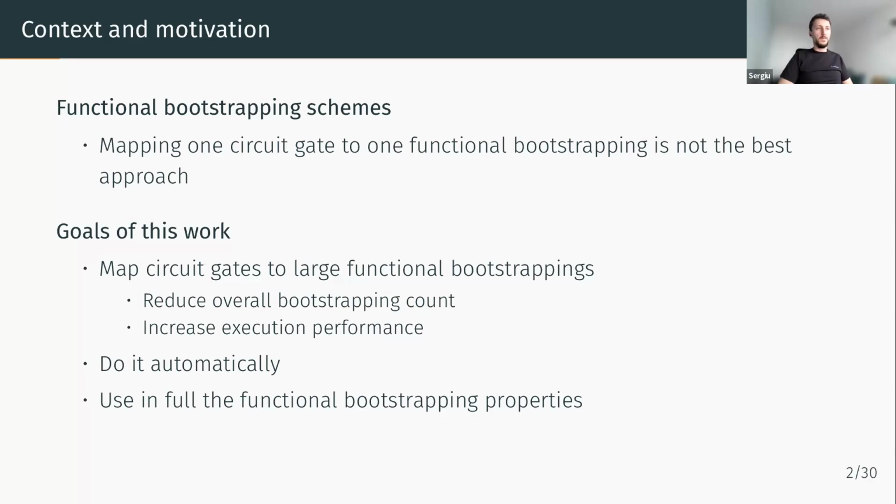Another important thing is to do this mapping automatically, so that there's no or little human interaction in the process. And also we'll try to use the full functional bootstrapping properties, in particular from the TFHE scheme.